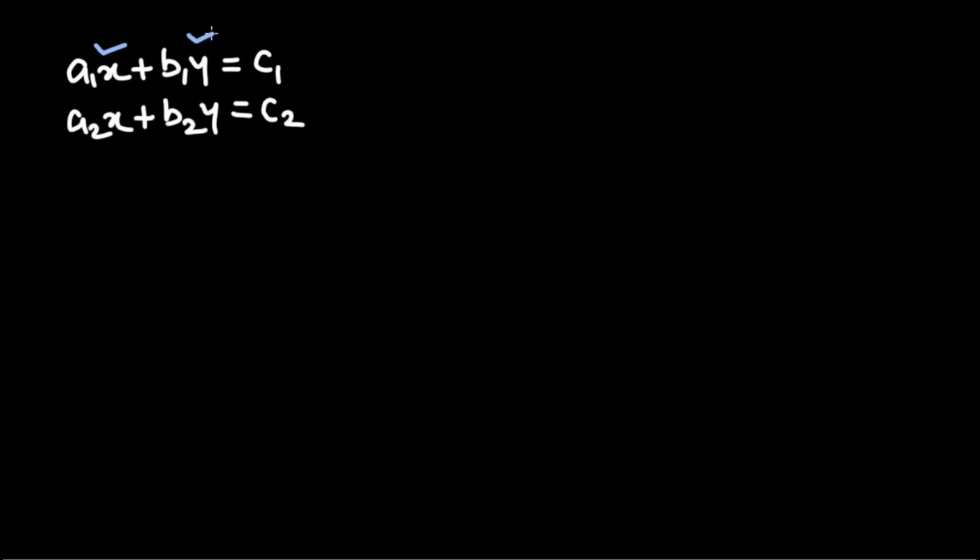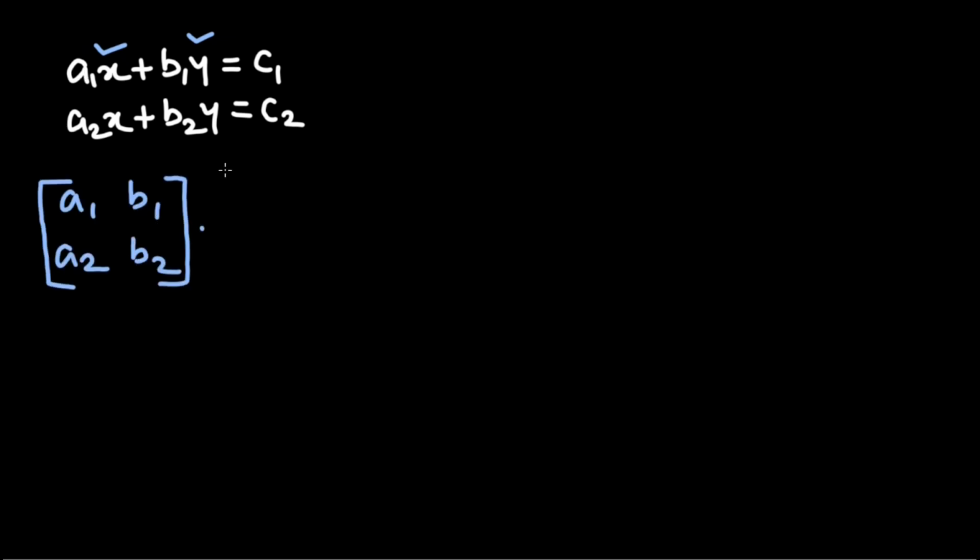Suppose a1x plus b1y equals c1 and a2x plus b2y equals c2 are two linear equations in variables x and y. First, we have to write these equations in the matrix form. For that, we pick the coefficients of x and y and write the square matrix a1 b1, a2 b2.